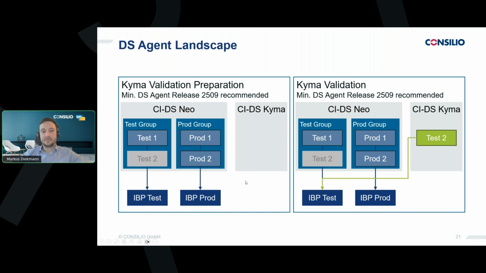This can be done on the agent server with a replace URL script. And a short piece of information: although a full copy from Neo to Kyma of all agents is made, we only show you in this view the active agent in the Kyma section.